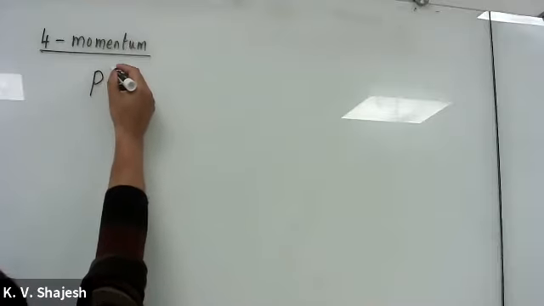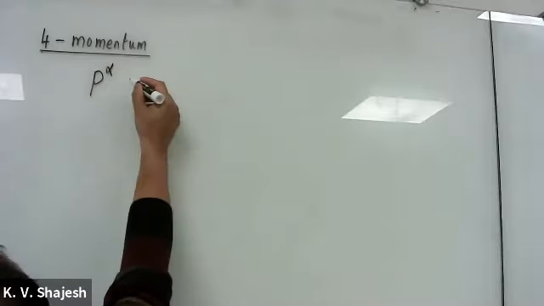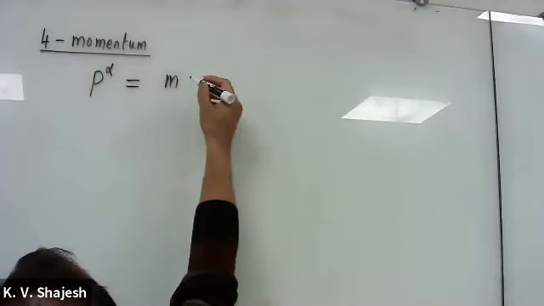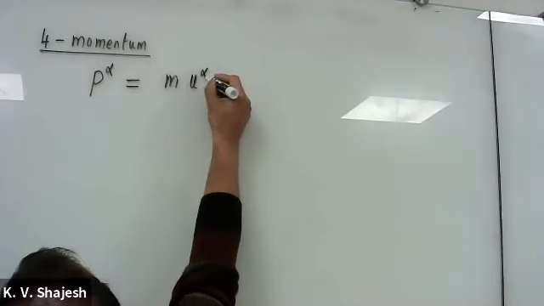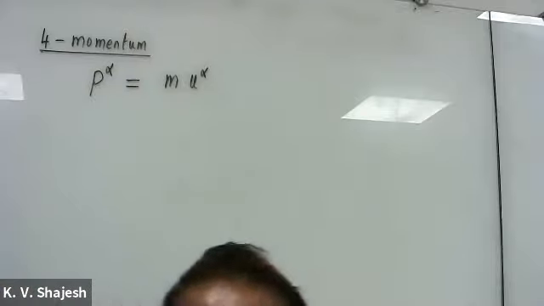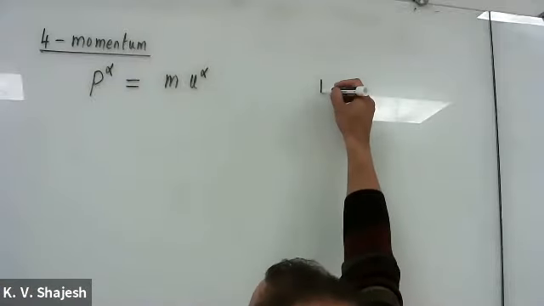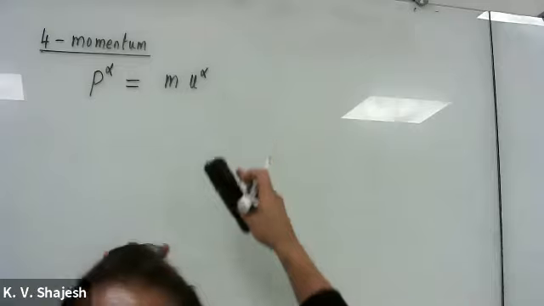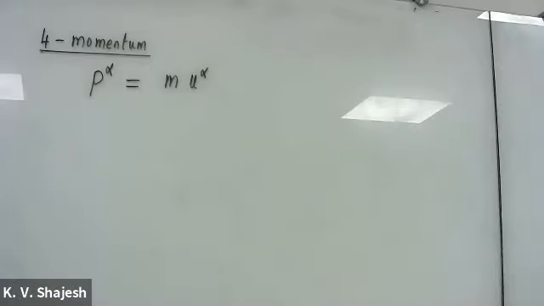But we will define this P alpha, that's a 4 momentum, will be defined as mass times U alpha. Where M now, I have to say what is M, or let me not say what M is. Let me keep it open, because one might ask, what is M? Does it change with reference frame or not? Let's leave that alone, and I'll come back to it, and we'll see how M changes. It's going to remain a constant.